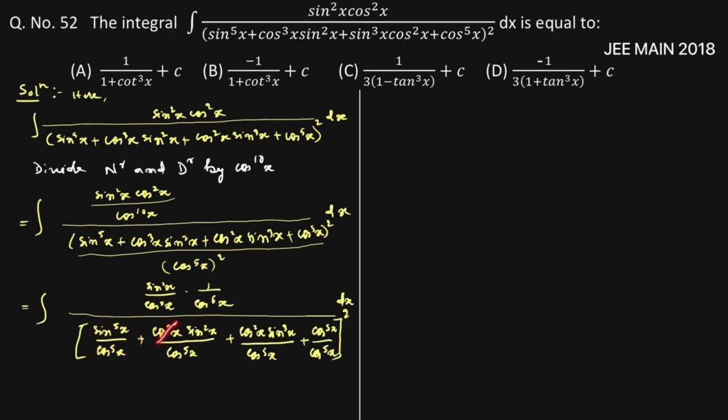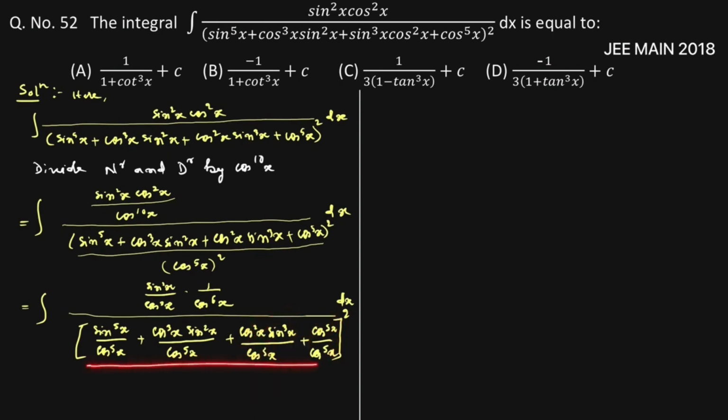and we cancel cos cube x with cos to power 5x, then we will get cos square x in the denominator. After that, sin square x upon cos square x is tan square x. Similarly, we cancel cos square x with this, and this term we will get tan to power cube x, and this is 1.